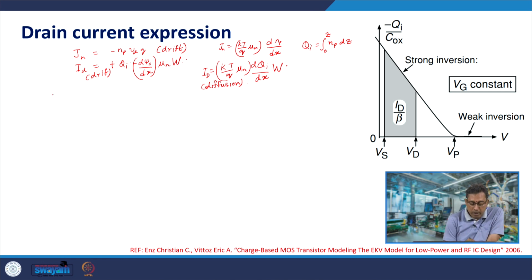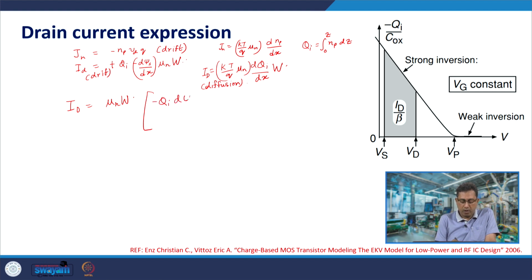So, if we combine both the drift and diffusion components, then the current ID would be, taking out mu n W, d chi s by dx plus ut, where kT by q is ut, dQi by dx.